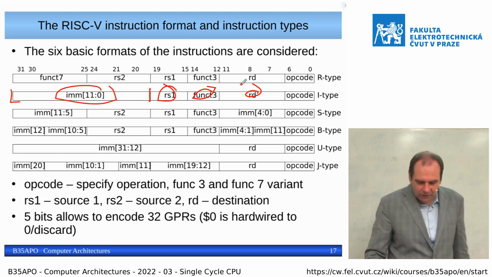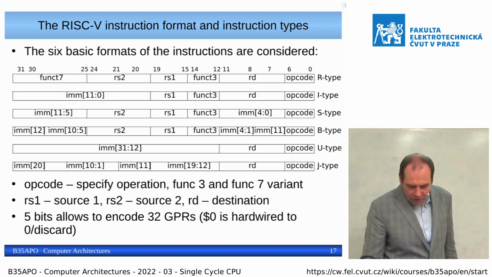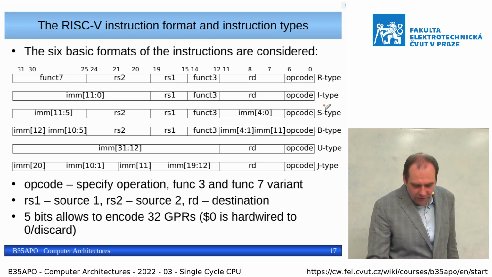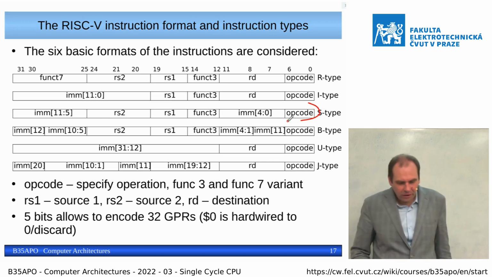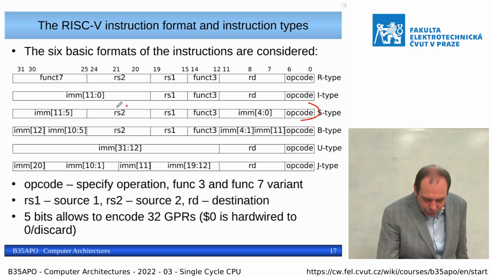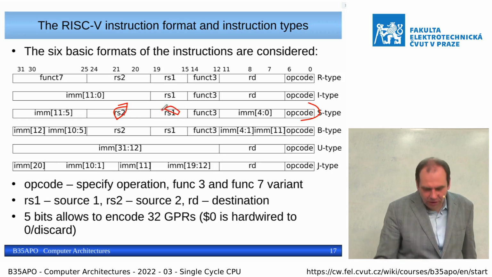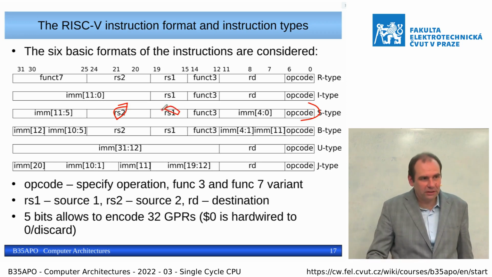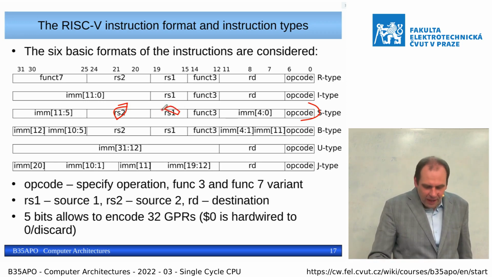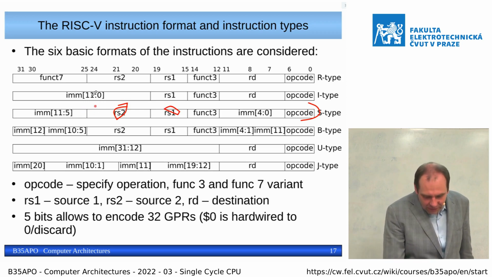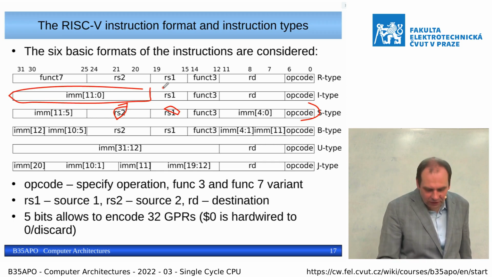But things start to be worse for the operation which stores the data to the memory, store word. Because in this case, we have 2 source registers, no destination register, because the destination is the memory. And we still want to have an offset there to offset to other fields in the structures. And we want to keep it at 12 bits.